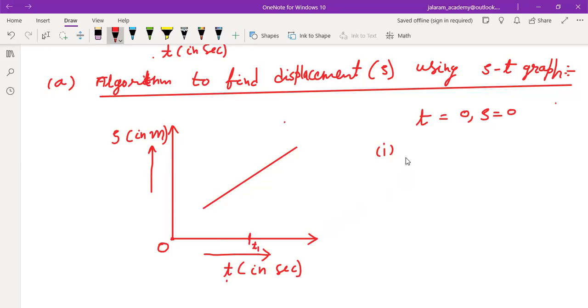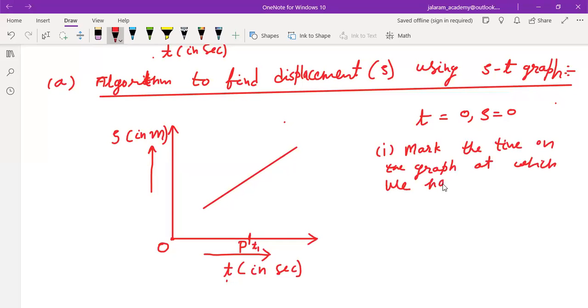So step 1: mark the time on the graph at which we have to find the displacement.